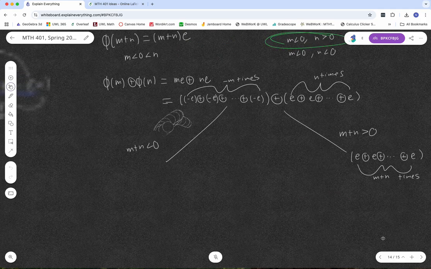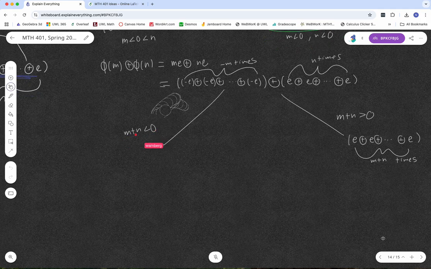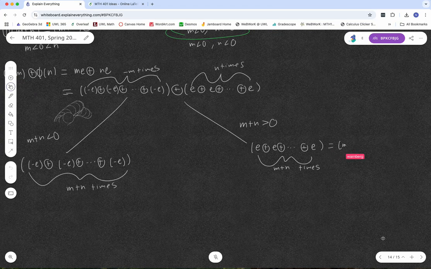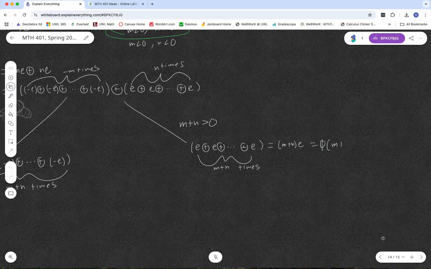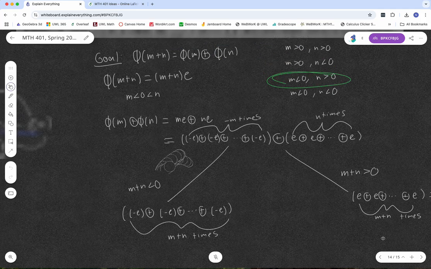And here, this would mean there are more negative e's than e's, so we're going to get negative e plus negative e and so on, m plus n times. So this is pretty clearly m plus n e, which is phi of m plus n. So that works out great.